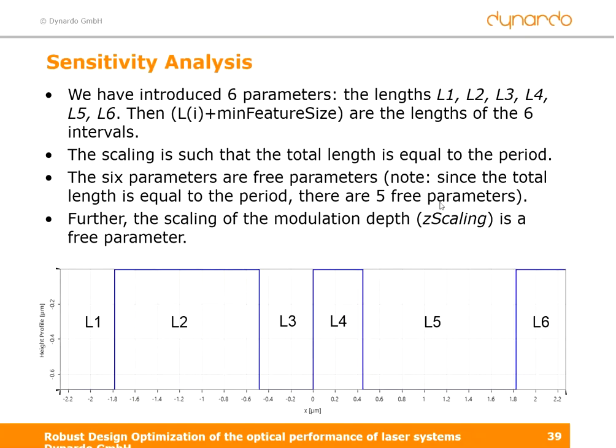To do this parametric optimization, we introduced 6 lengths, which correspond to this structure, which means we have 6 intervals, and the scaling is such that the total length is equal to the period.